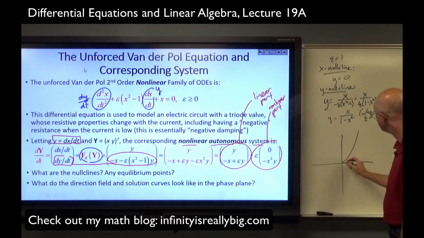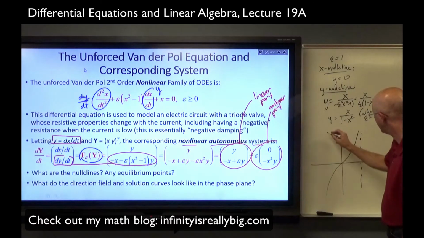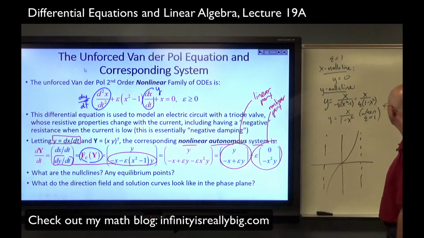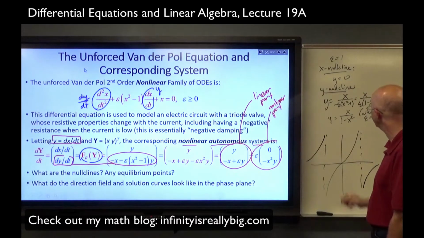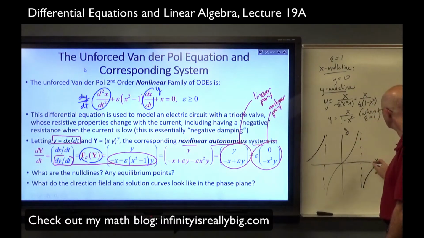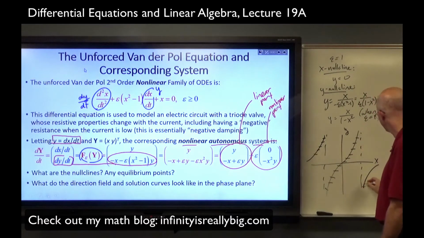The y nullcline is going to have vertical asymptotes at 1 and negative 1. And you can also graph it outside of that range. When x is bigger than 1, you'll find the graph looks like this. When x is less than negative 1, you'll find the graph looks like that. That's the y nullcline. Solutions cross that with horizontal tangents. It's got 3 pieces to it.